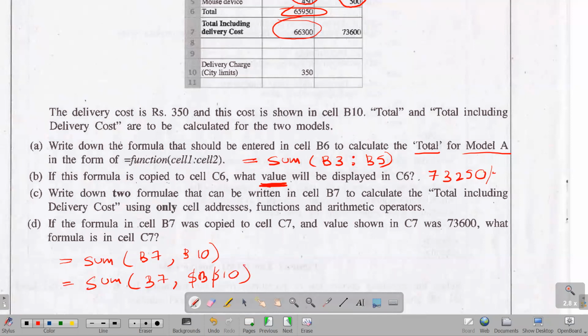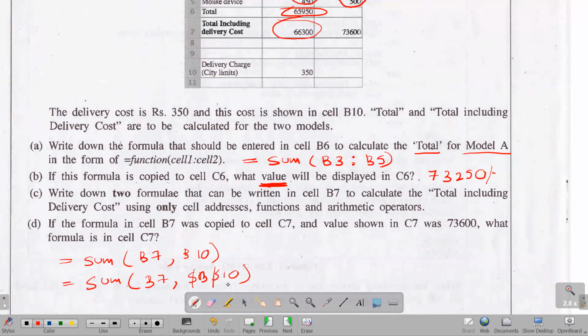Or else $10. I'm sorry, $B10, right? Don't go for $10 because it won't make any difference for this particular equation, right?